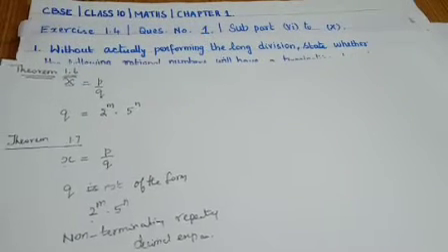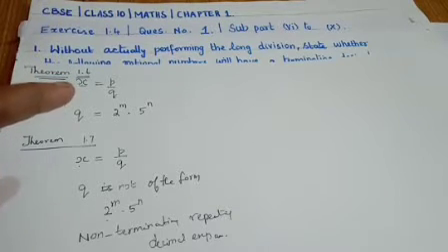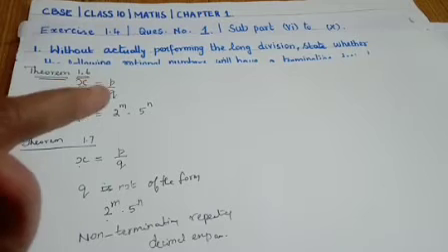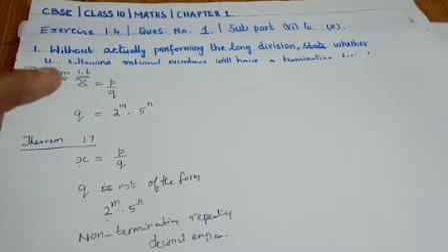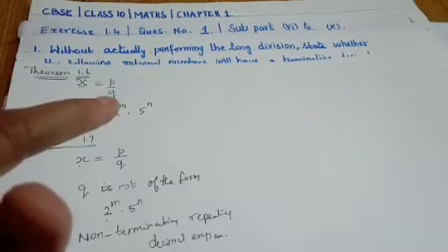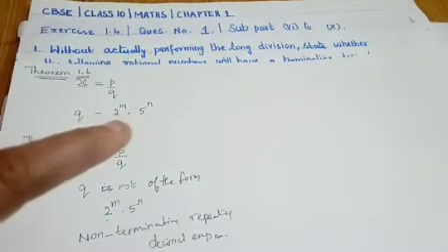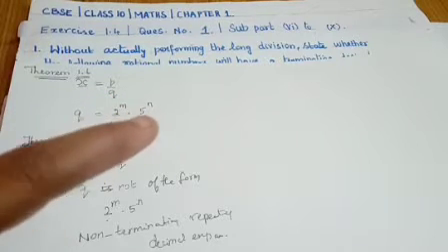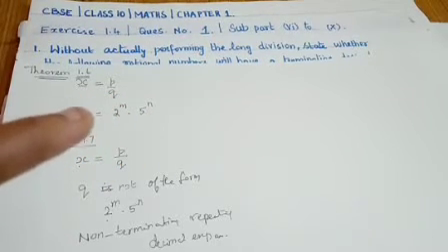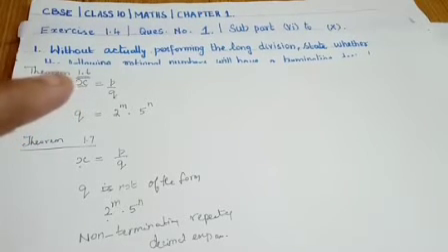So, repeating again: Theorem 1.6 says that if the given number x is a rational number p by q, then we can find whether x is terminating or non-terminating by analyzing the prime factorization of q. Q should be of the form 2 power m into 5 power n, then x is a terminating decimal expansion.